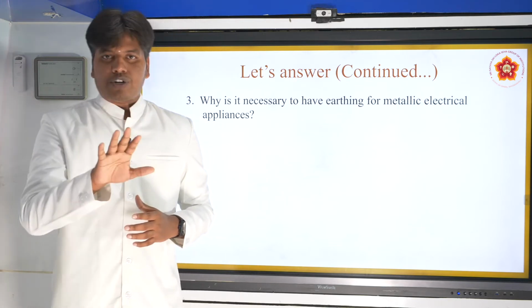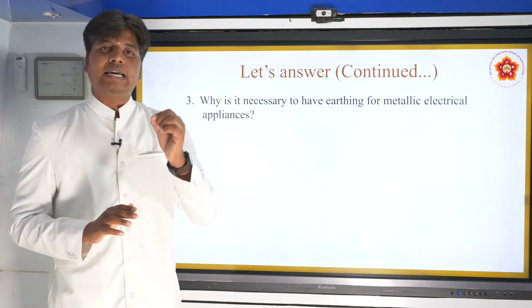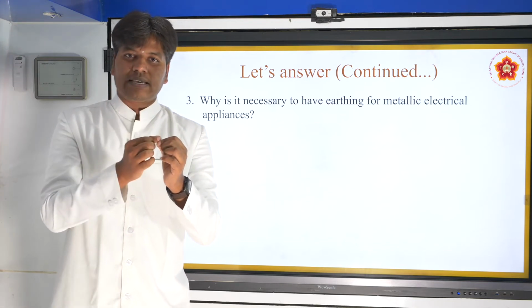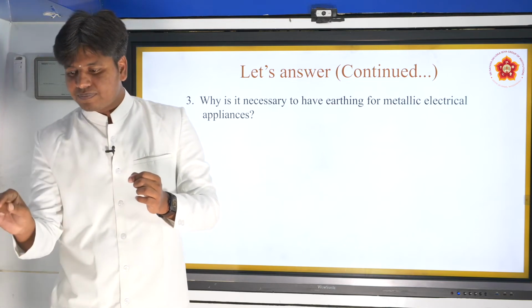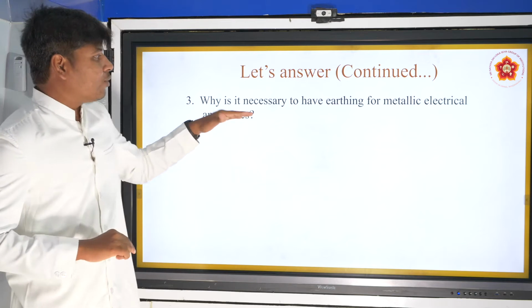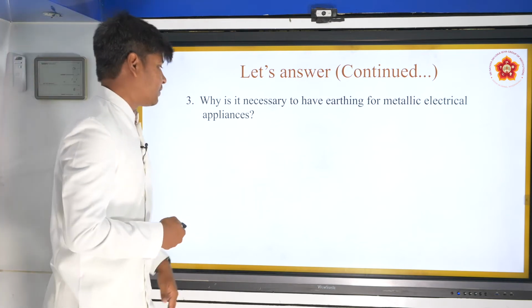So in order to prevent that, we connect the earth wire directly to the metallic appliance, and that is directly connected to the ground. Now let us go through the answer.